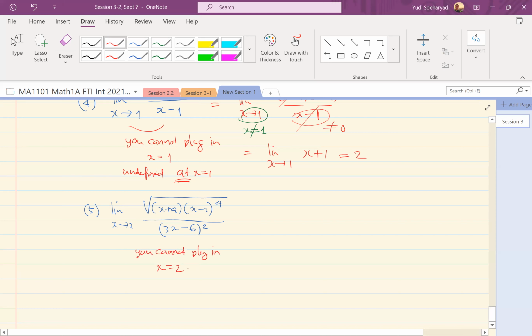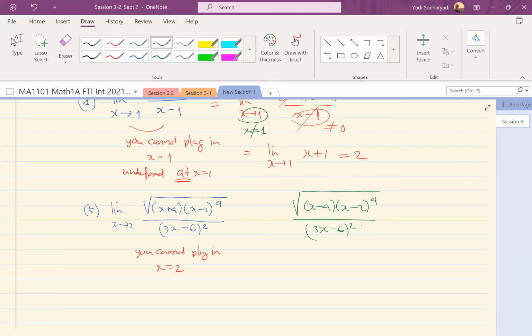Okay. So let's do some simplifications. So what do you observe, how should we simplify? Okay, are there any same factors, up and down, numerator and denominator, that are the same? Observe first.